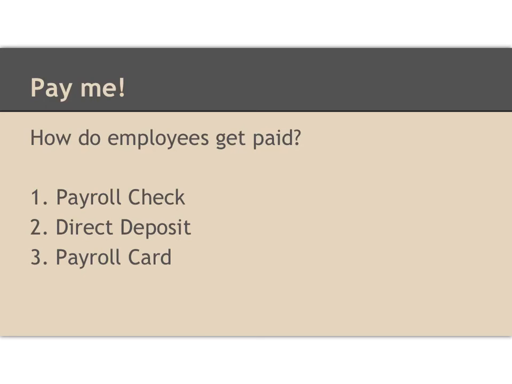And with direct deposit, that's where the employer has your bank account information and is able to electronically deposit your pay into your account. There's no need for a physical check to be printed out, distributed to you, and you have to take it to the bank. The third option is what's called a payroll card, and this is basically a debit card.